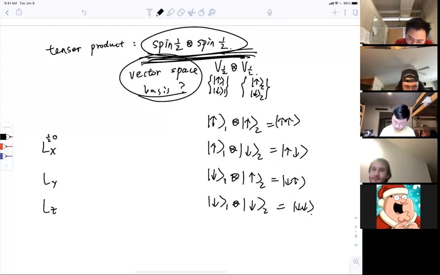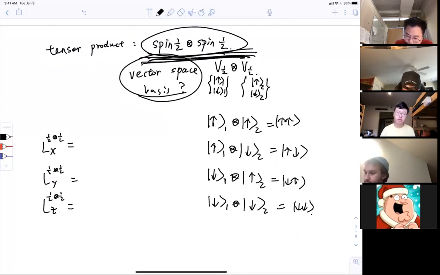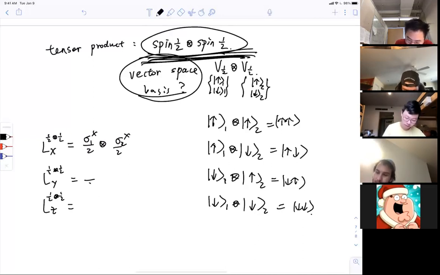They are nothing but the tensor product of corresponding representations. So you know this is sigma x on the first one, and the sigma z component.